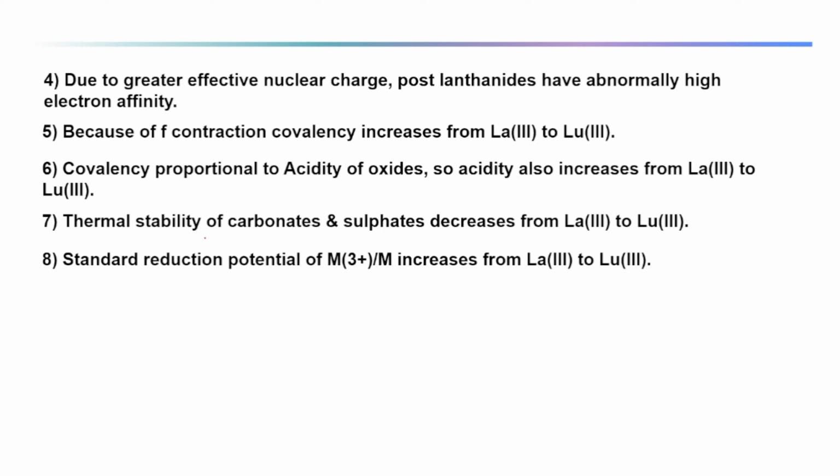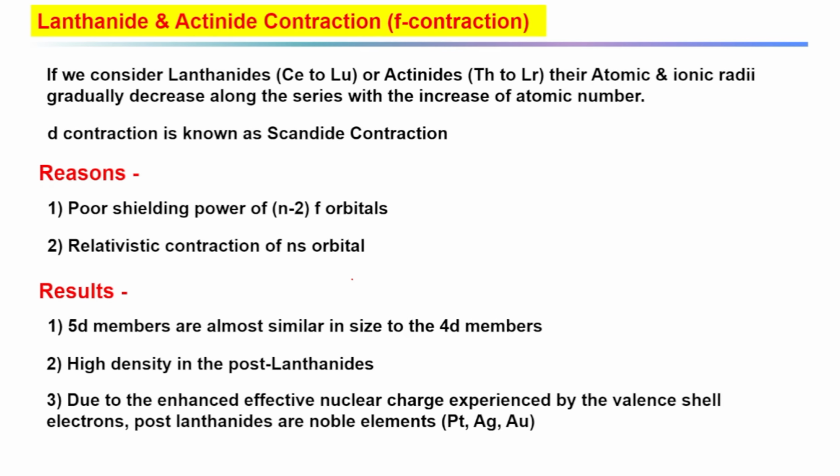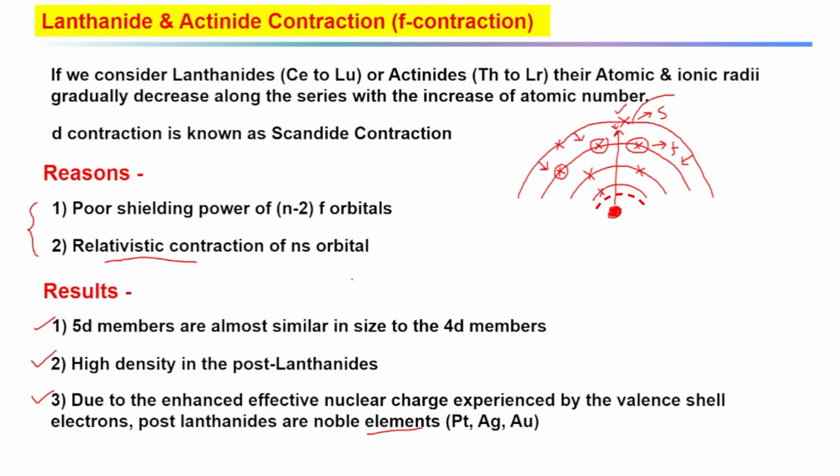Next, the thermal stability of carbonates and sulfates decreases from lanthanum to lutetium. The standard reduction potential of M3+ to M increases from lanthanum to lutetium. So these are the results occurring due to lanthanide and actinide contraction.